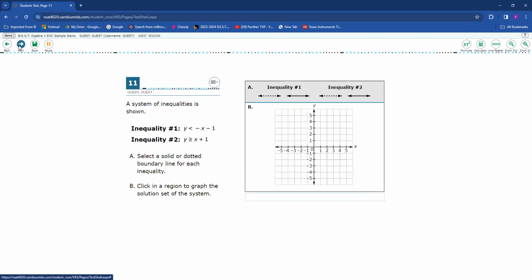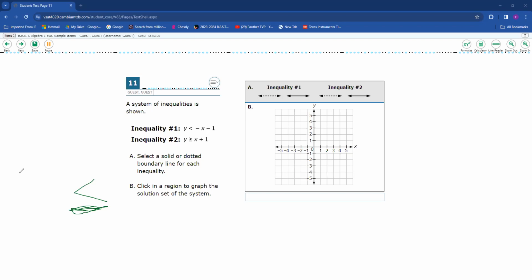Okay, so the first inequality, notice that the less than symbol does not have the little equal sign below. It doesn't have that, therefore the line has to be dotted.